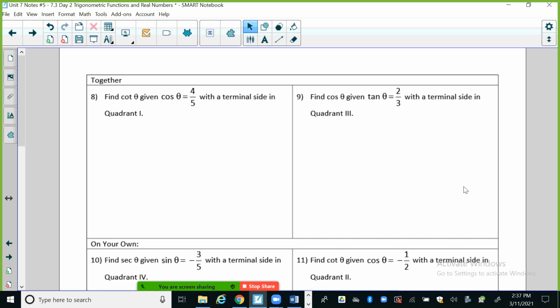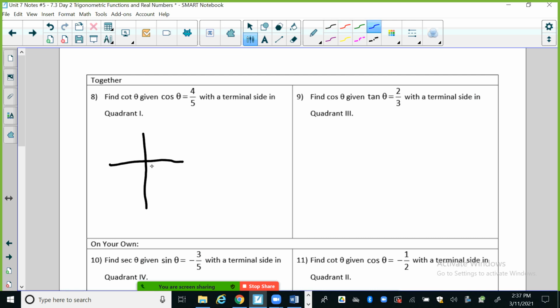So number 8, find the cotangent of theta given the cosine of theta is 4/5 with the terminal side in quadrant 1. So this example here, we're given that the terminal side of my angle is in quadrant 1. So I'm going to draw an angle in quadrant 1.